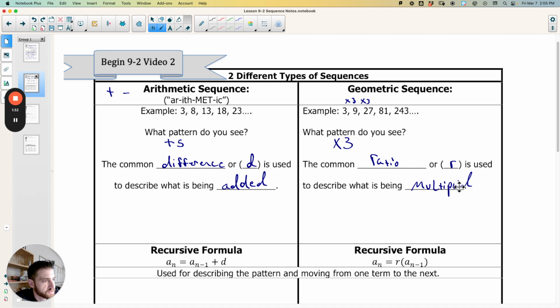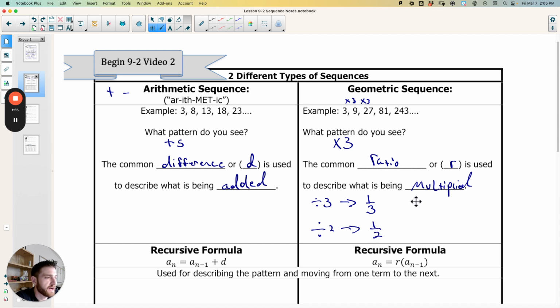Now, a couple things to note here is that multiplication and division can be thought of as the same thing as addition and subtraction. If I say divide by 3, that is the same thing as saying multiply by 1/3. If I say divide by 2, that's multiplying by 1/2.